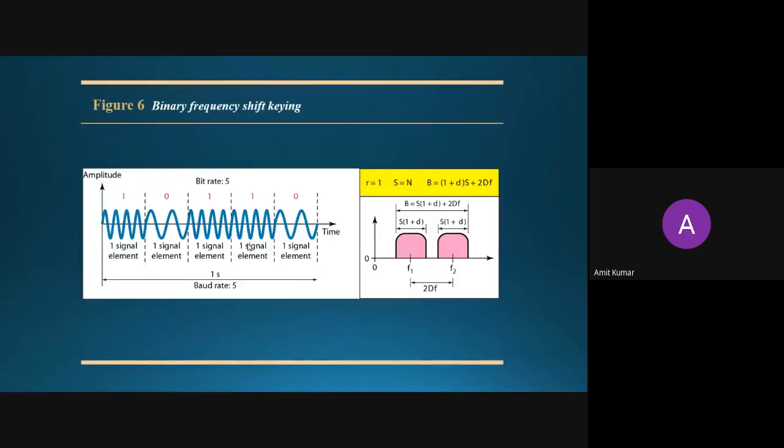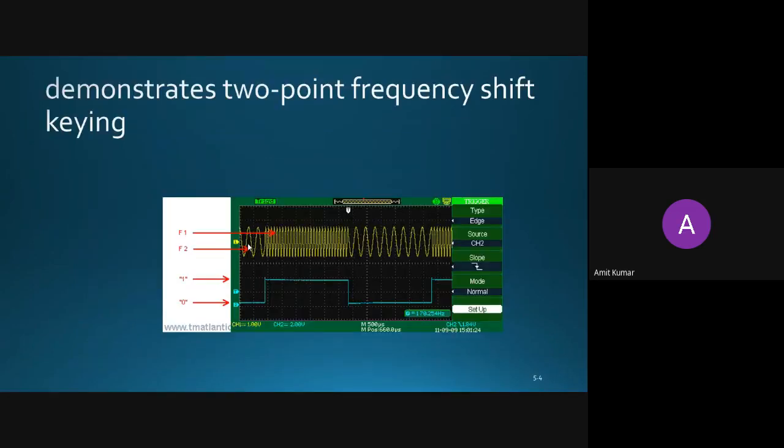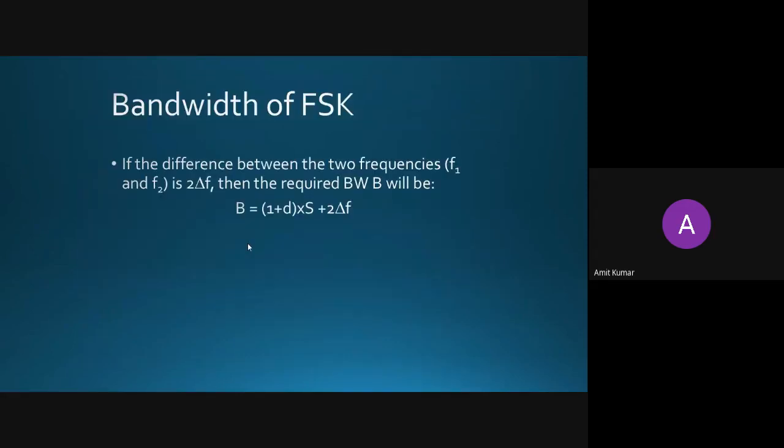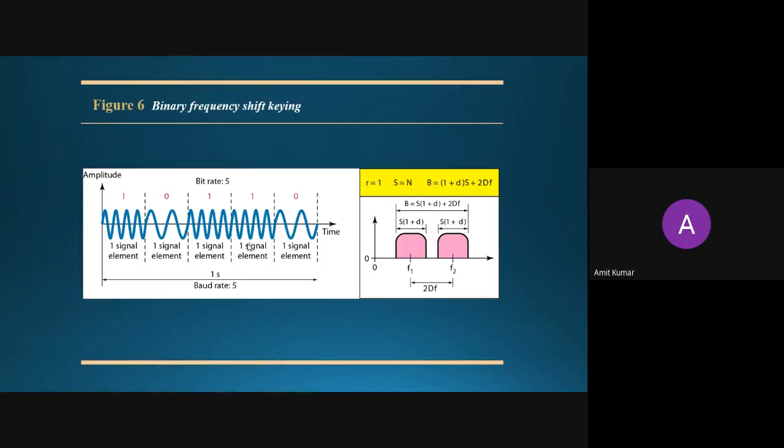For 0 we have a lesser frequency, and for 1 we have a higher frequency. The bandwidth requirement for FSK is higher than for ASK. Now, what are the advantages of using FSK over ASK?